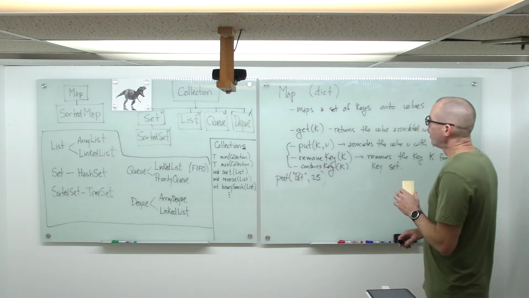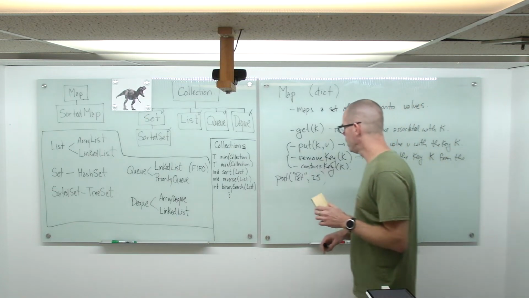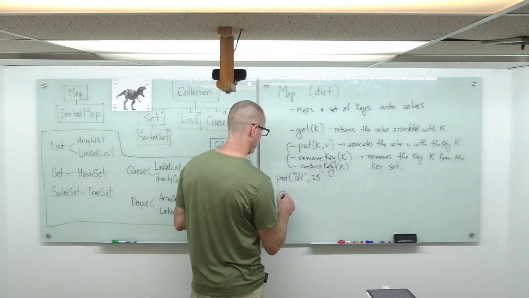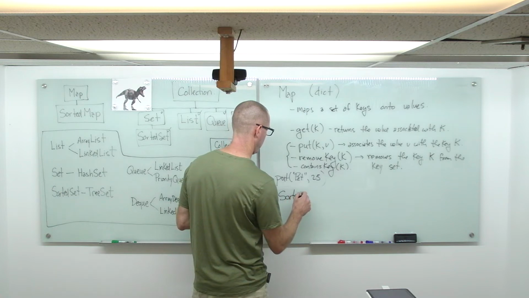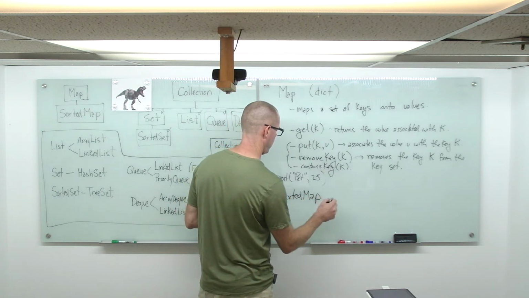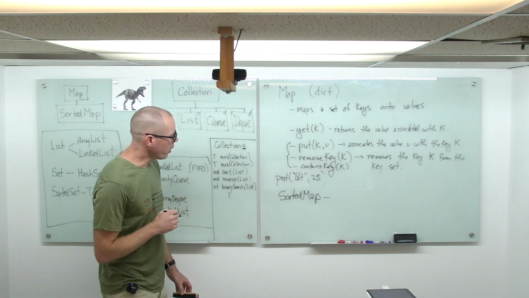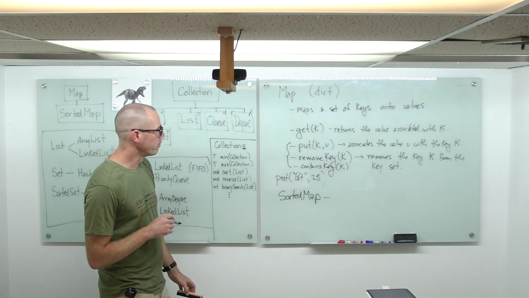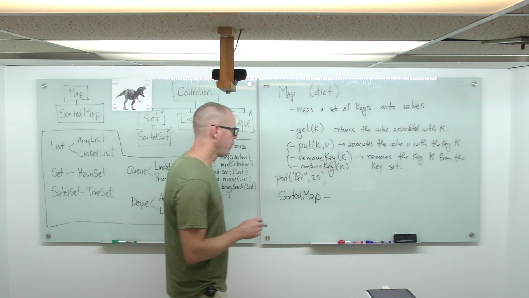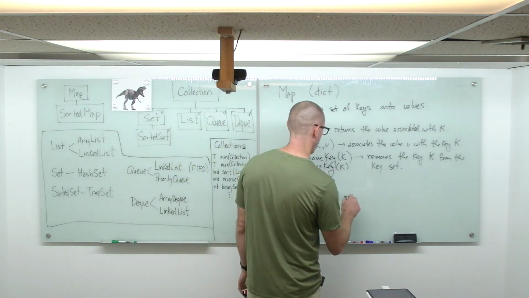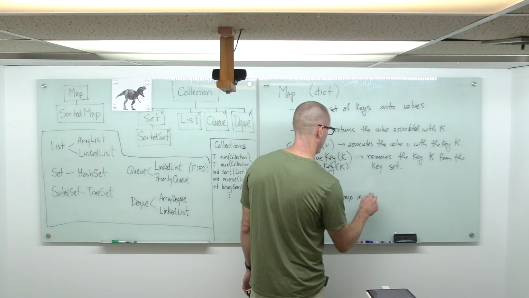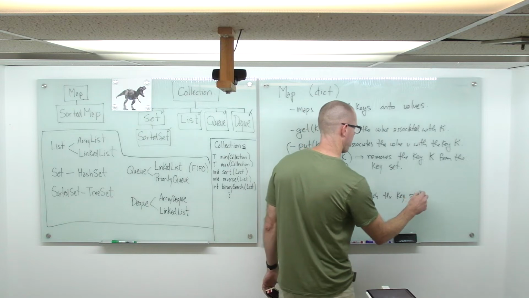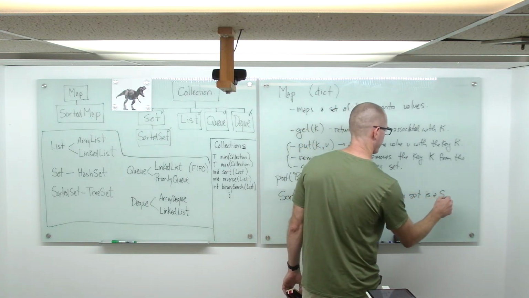And then there is sorted map. And what's a sorted map? Well, a sorted map is a map. It supports all the operations that a map supports. But the best way to think of it is it's just a map in which the key set is a sorted set.